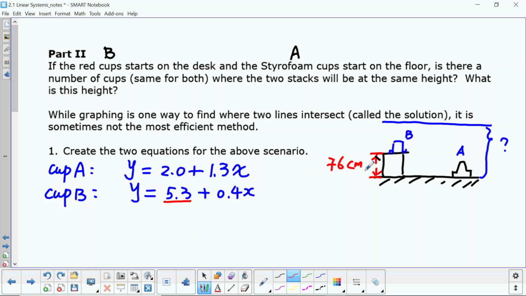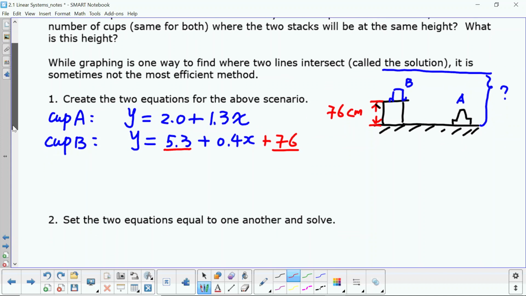You have only one cup, so it will be 5.3 plus 76. Then you have the height for the new situation. Before, it was on the ground and the initial height is 5.3. Now you raise it up 76 centimeters. The total height for each additional cup of B will add to this 76. So this is the new equation for this scenario.